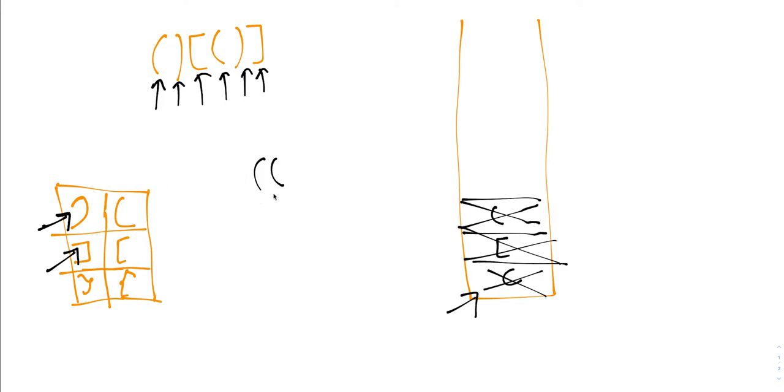In this example, we have two opening parentheses, so we're going to just add them, and there is nothing to make us remove them. So at the end, we will still have our two elements in my stack. That's why it's really important to check at the end that my stack is in fact empty.